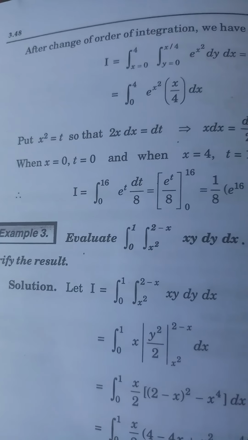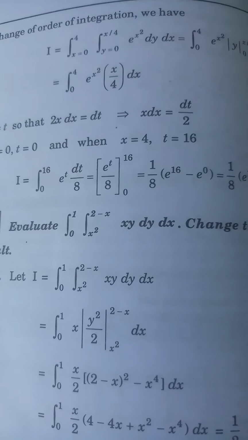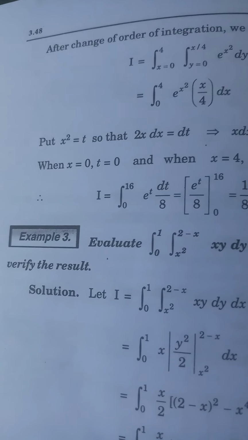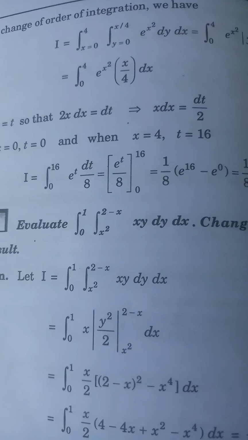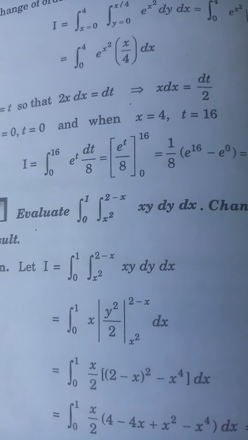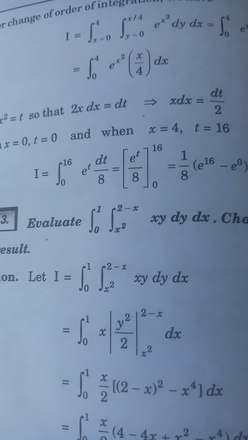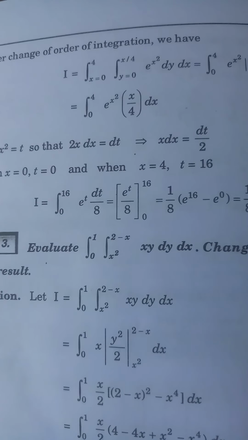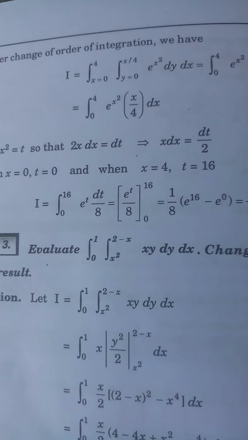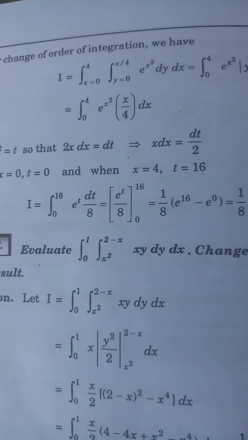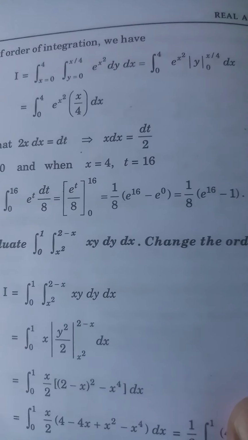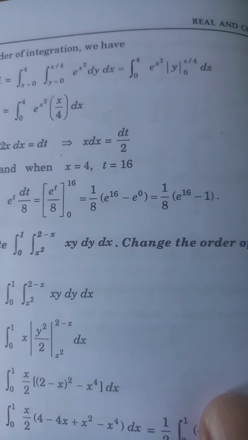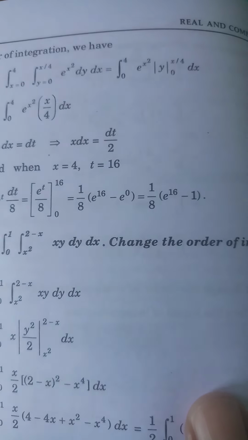When x equal to 0, t equal to 0, and when x equal to 4, t equal to 16. तो I क्या हो गया, इंटीग्रल 0 से 16 e की पावर t dt बटे 8, e की पावर t बटे 8, 0 से 16, इज इक्वल टू 1 बटे 8 (e की पावर 16 माइनस e की पावर 0), 1 बटे 8 (e की पावर 16 माइनस 1).